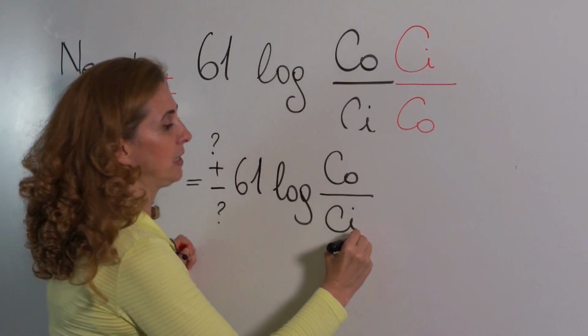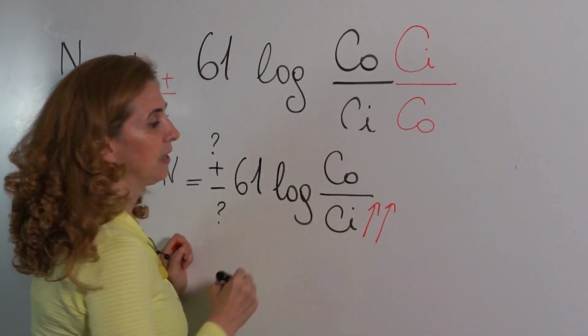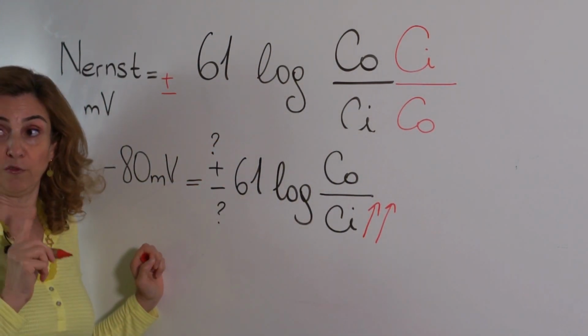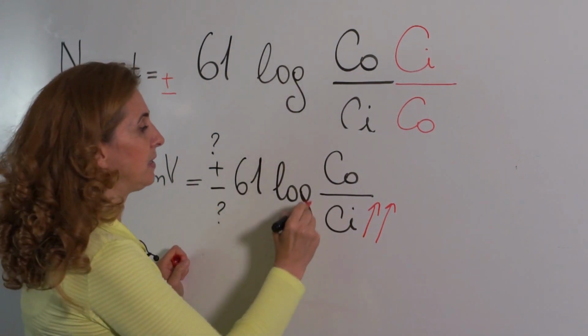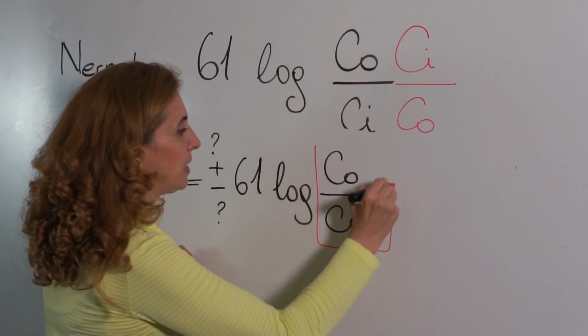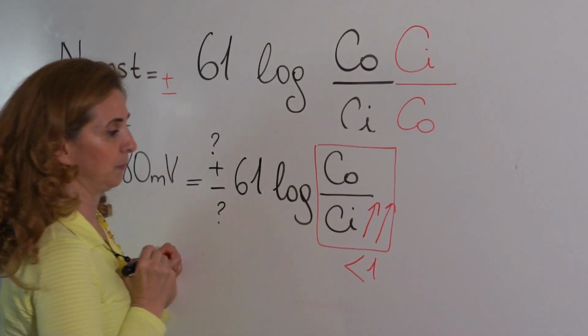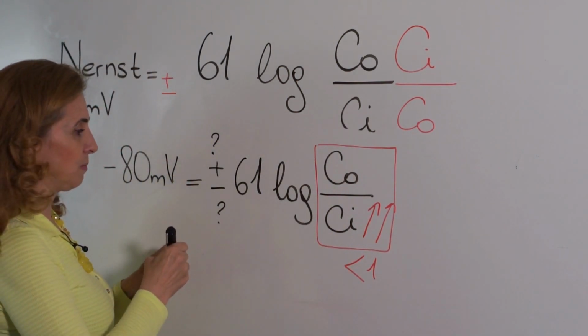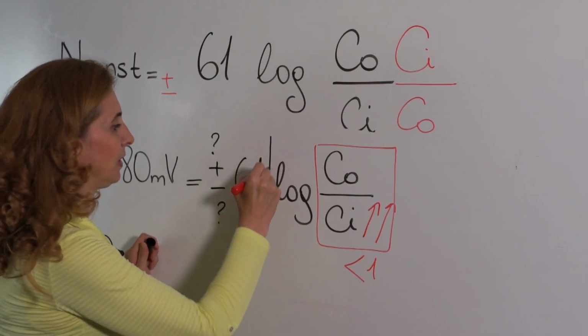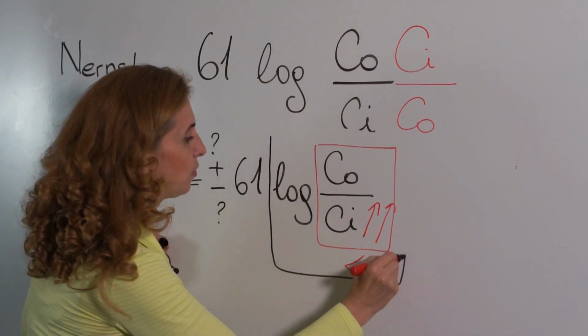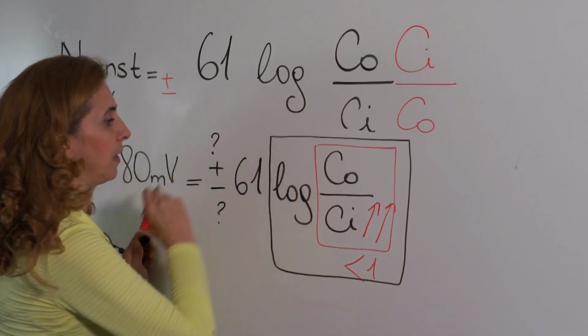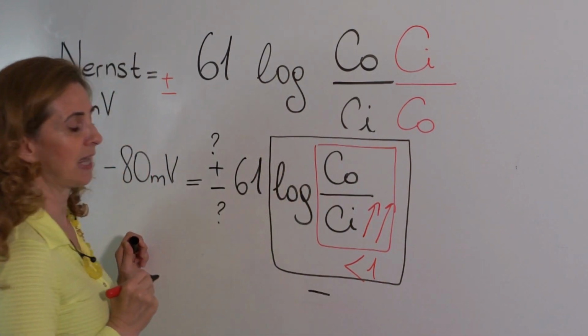Because the concentration inside is much higher than the concentration outside for the potassium ion, this ratio is going to be a number smaller than 1. For a number smaller than 1, the logarithm is going to be a value with a minus sign.